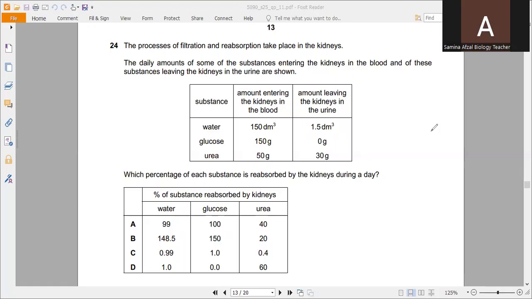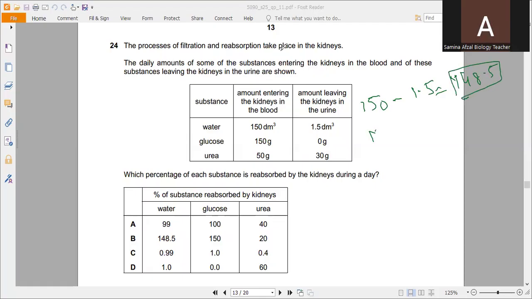Which percentage of each substance is reabsorbed by the kidneys during a day? Here we will subtract 150 minus 1.5, which is equal to 148.5. So water is 148.5.